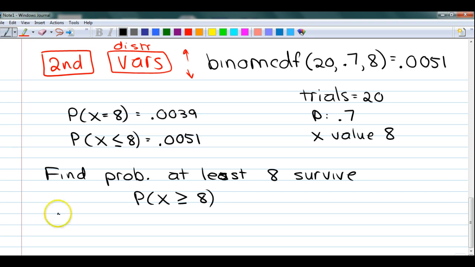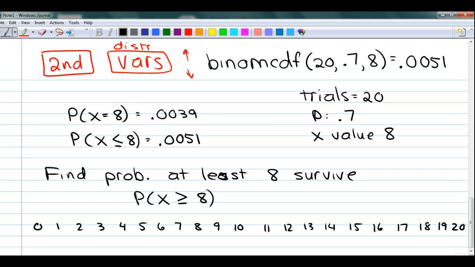All the values x can be 0, 1, 2, 3. One solution would be to do binomial PDF on each one of these for 8, 9, 10, 11, 12, 13, 14, 15, 16, 17, 18, 19, 20, and add them up. Ooh, we could do that. I'm not looking forward to it, though.